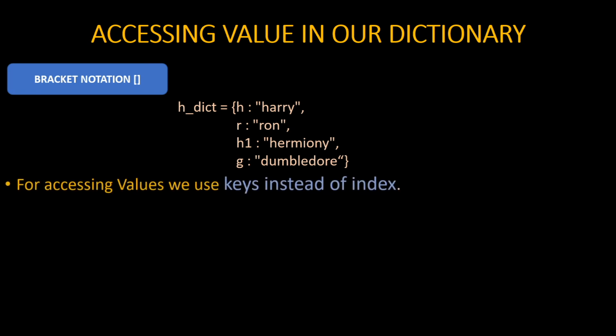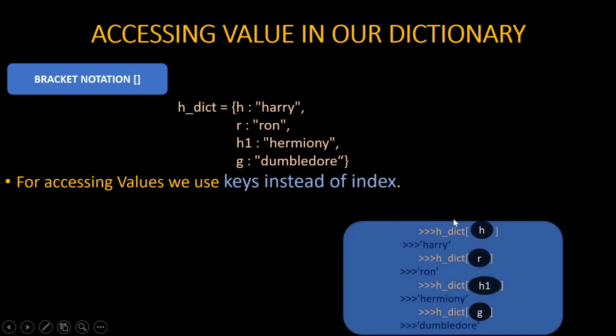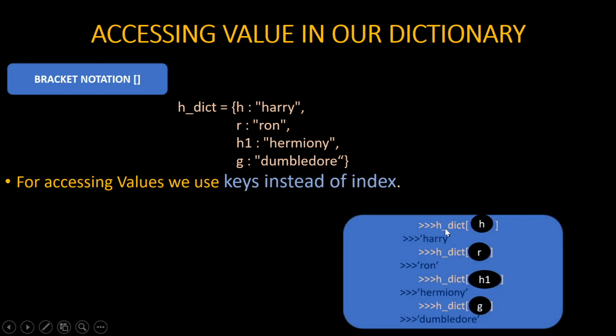For accessing a value in our dictionary, we use keys instead of indexes. In tuples or lists, we use indexes, right? But in a dictionary, we use keys. So when we print hdict of h, in square brackets, it will print Harry.